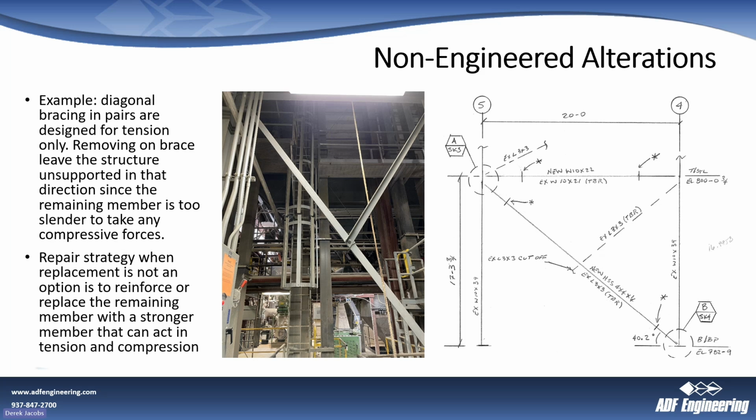If the brace can't be replaced because there is something in the way now, or a piece of equipment needs to go in, what we'll do is this repair strategy here, where we actually take out all the bracing and replace the one that can remain with a larger member that is sufficient for both tension and compression.